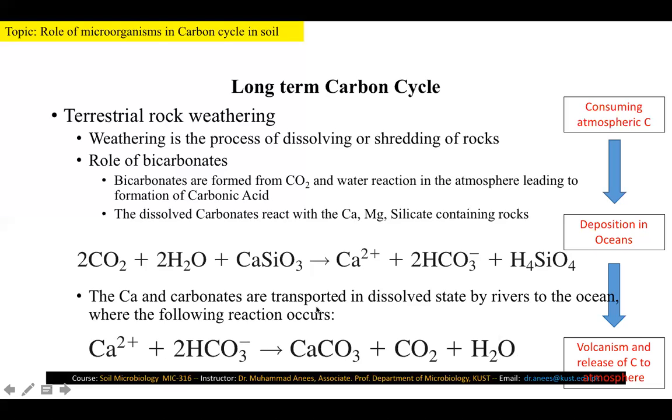Then after a very long period of time, this carbon may be returned back to the atmosphere through volcanism, and it is again released in the atmosphere. So this is how the long-term carbon cycle completes.